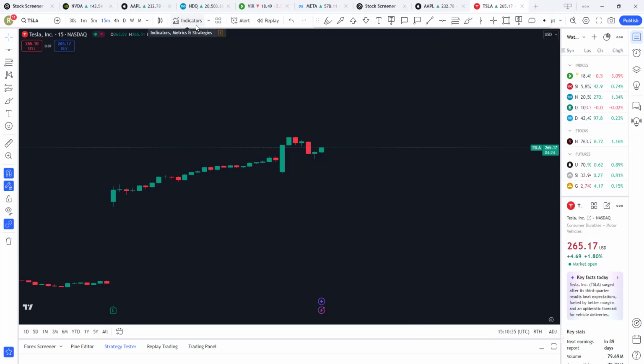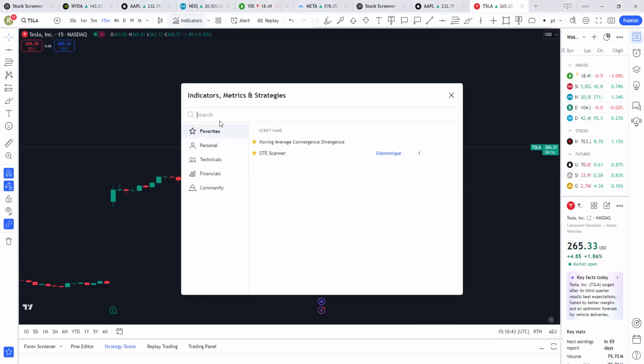Whenever you want to use indicators on TradingView, you go to indicators, click on it, and you can find anything that you want there. For instance, we're going to talk about the moving average convergence divergence, which we call MACD. So whenever you want to find them, you just type MACD.